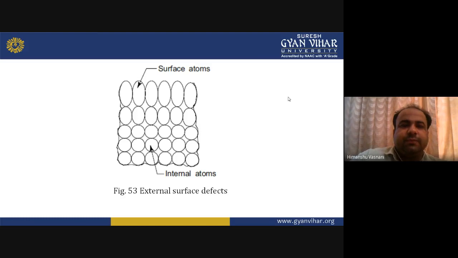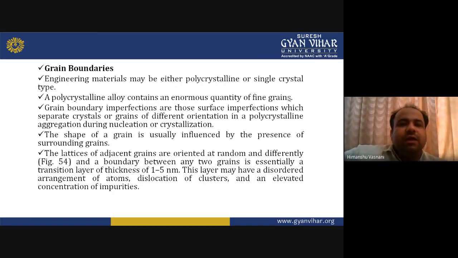Now, grain boundaries. Engineering materials may be either polycrystalline or single crystal type, which we have studied in the earlier lectures on crystals.